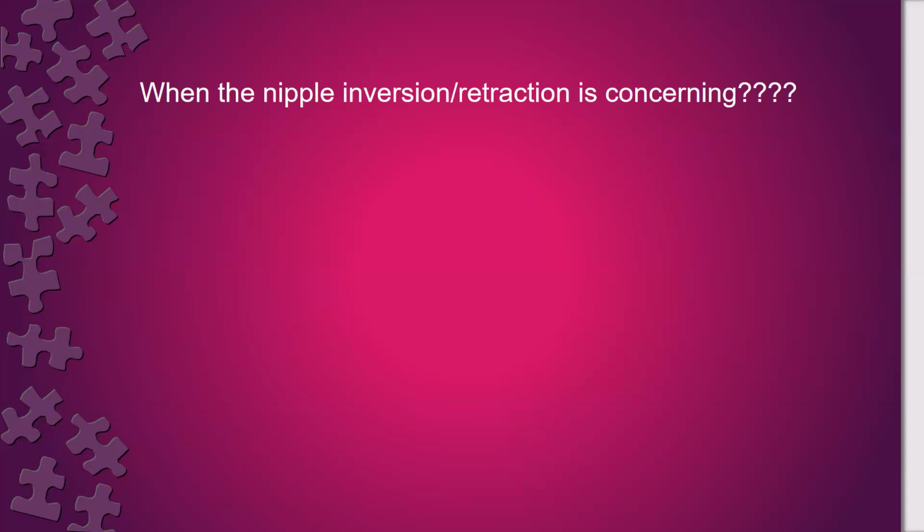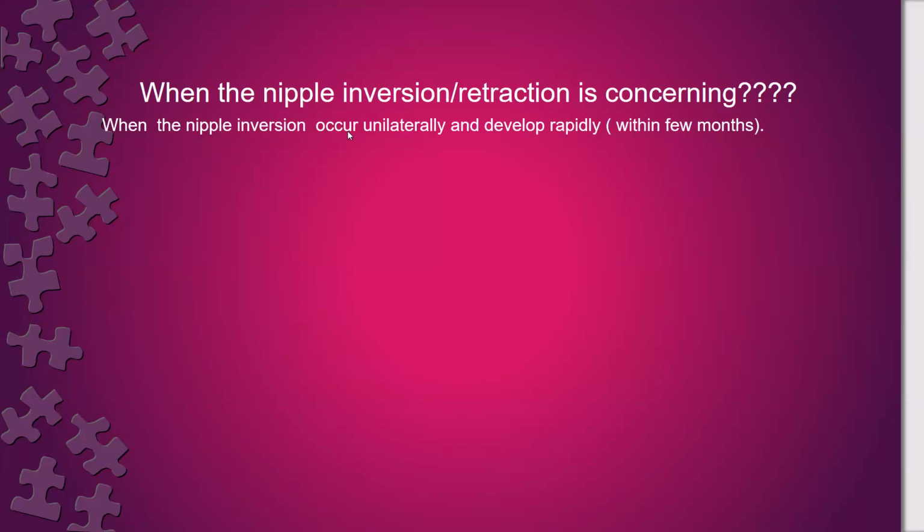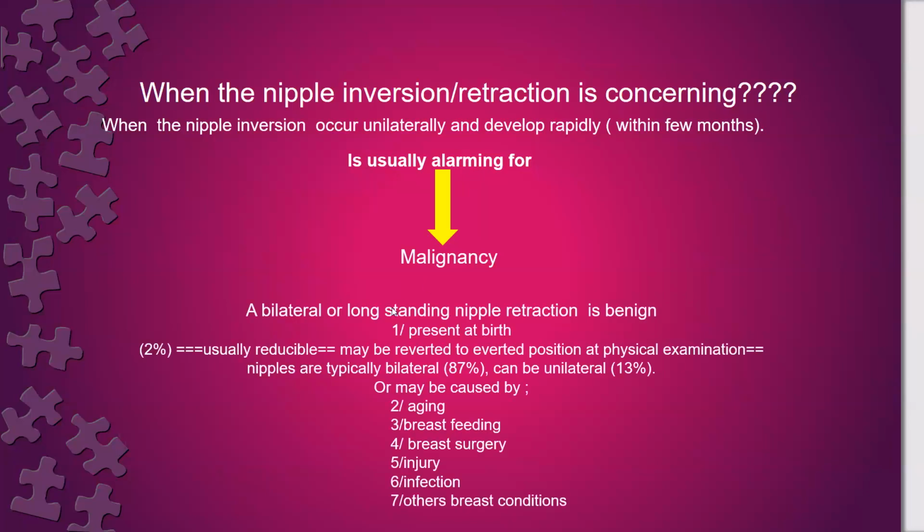If it is unilateral and develops rapidly, within a few months, then it is alarming for malignancy. Otherwise, if it is long-standing or bilateral, most of the time it is benign.